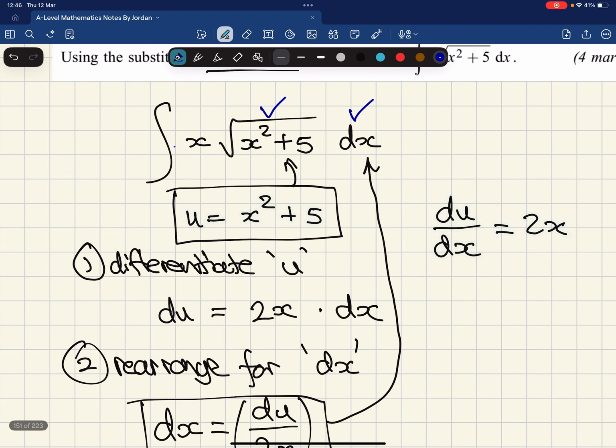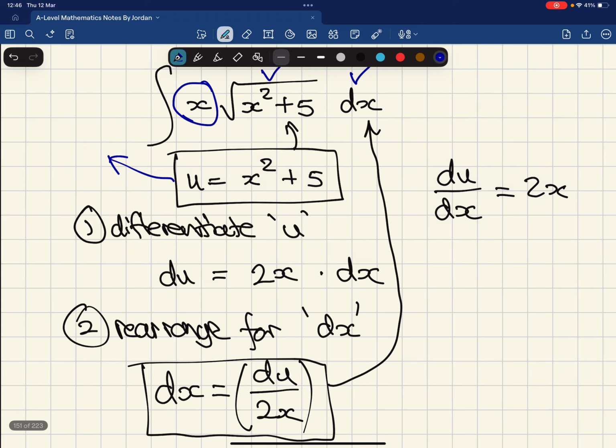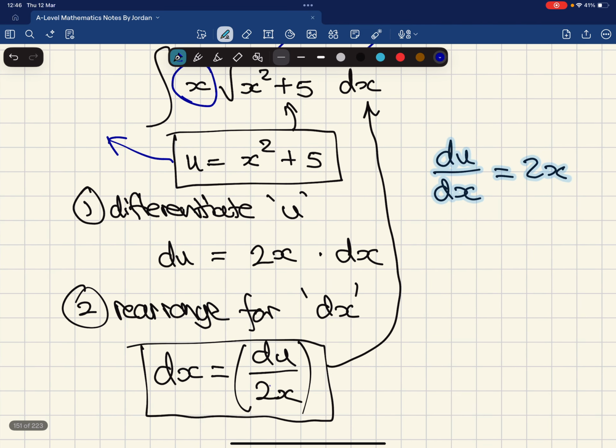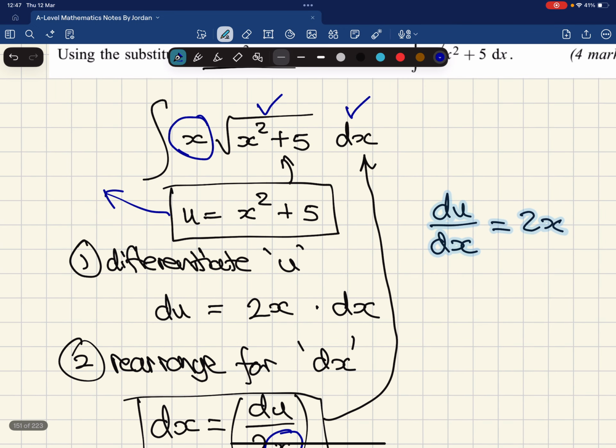Now you might be wondering about x. You might be thinking, do we need to rearrange this to get something in terms of x? The answer here would be no, because if you look here, we actually have an x in the denominator of this substitution. So when I put that here for dx, you already have a divide by x to cancel out this x at the front.